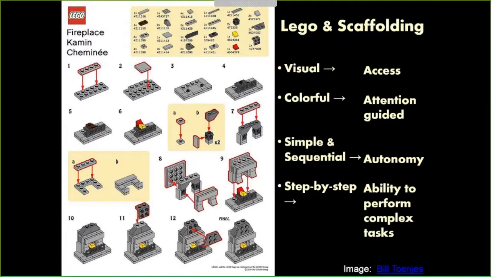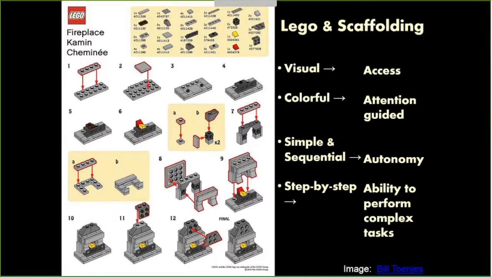They can look at this and access the information. They are colorful. That's not incidental. They are colorful because LEGO is trying to guide learners' attention to specific features of what they're looking at.